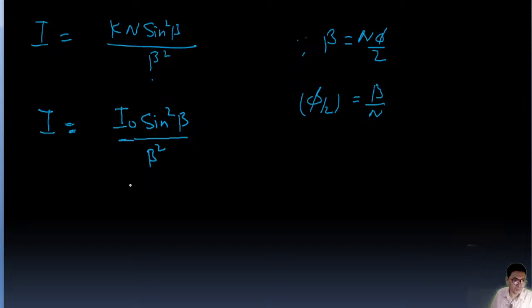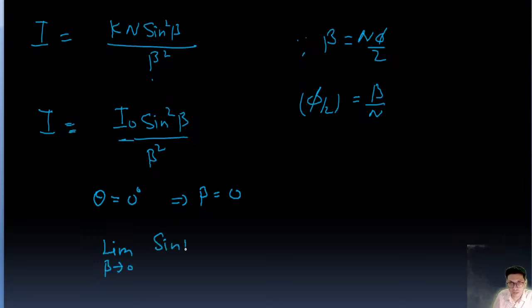Now suppose theta is 0 degrees. That implies beta is going to be 0. So as the limit of beta tends to 0, sine beta upon beta is going to be 1, and its whole square is also going to be 1.